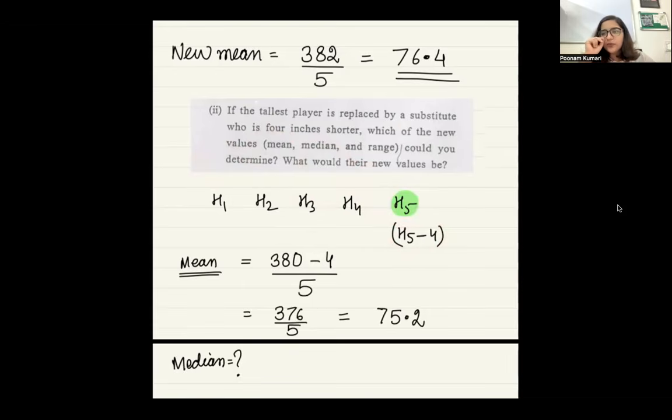Because I don't know the position now, I don't know how the numbers are in terms of the ascending order, right? Yes. That is why I will not be able to find the median.